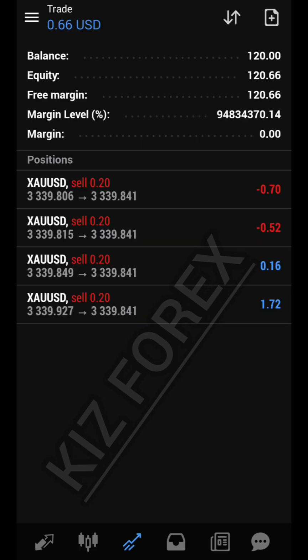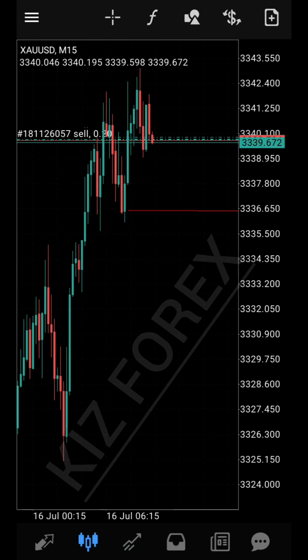The market is fluctuating, giving us some profit and some drawdown. So let's close our chart and come back and see what the market will give us.